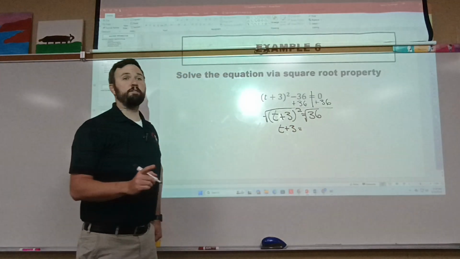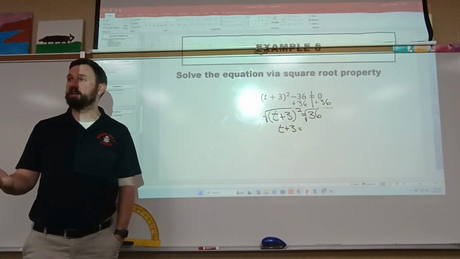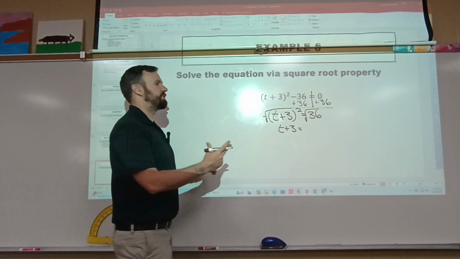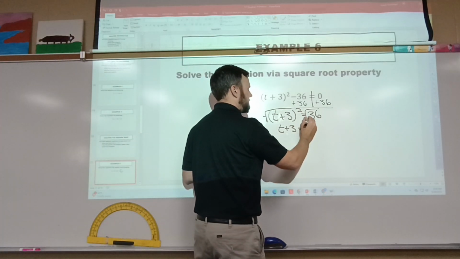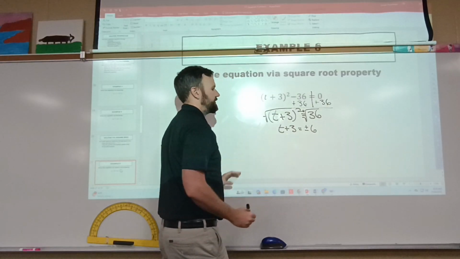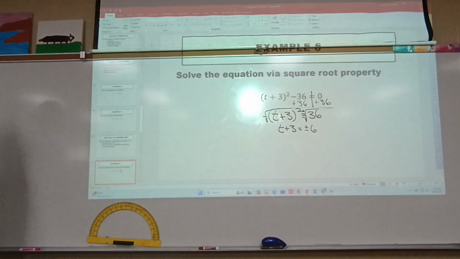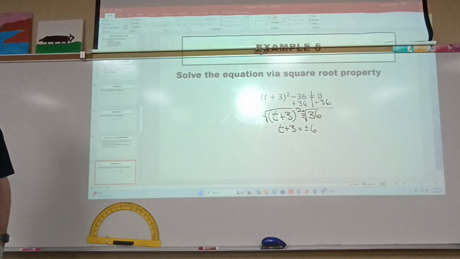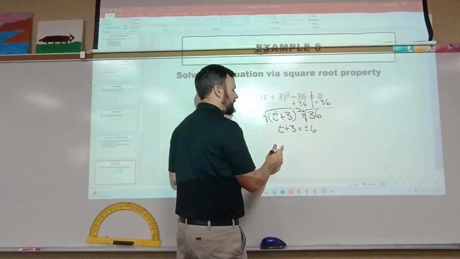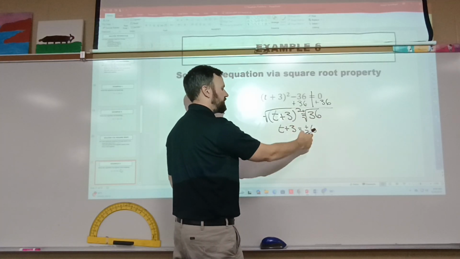Now, whenever we're solving with square roots, how many answers do we actually have? We always have 2. You get the plus and the minus. So technically, it's plus or minus square root 36, which is plus or minus 6, right? And we know that because with quadratics, we have 2 zeros a lot of the time. Do you guys see where I got the plus or minus 6?